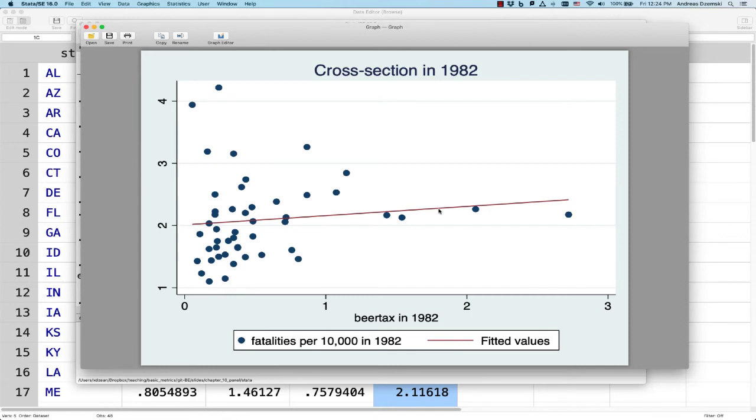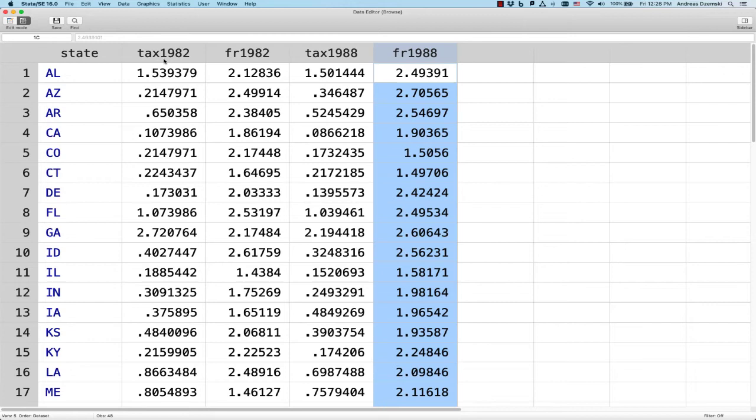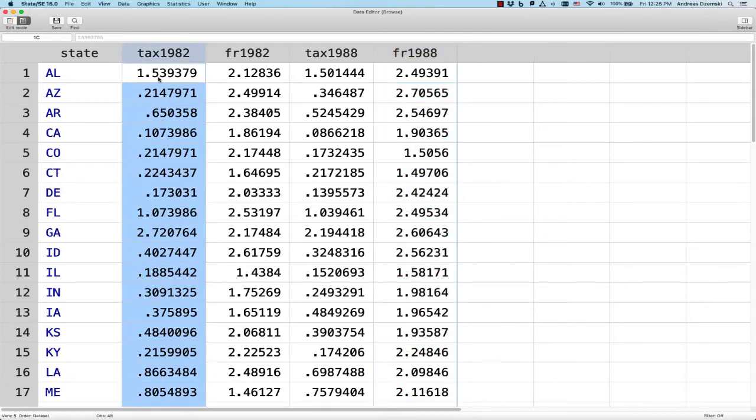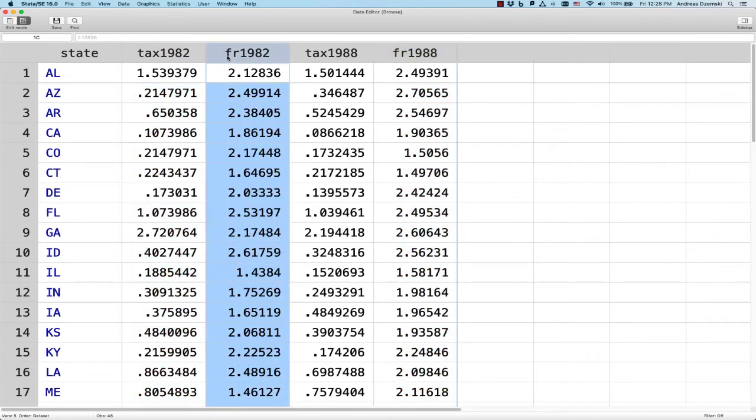In our panel setting, we can solve this OV bias problem by using the first difference transformation to eliminate the fixed effect. Let's do this for this example. So instead of looking at the absolute values of the tax or the fatality rate, we are looking at changes over time.